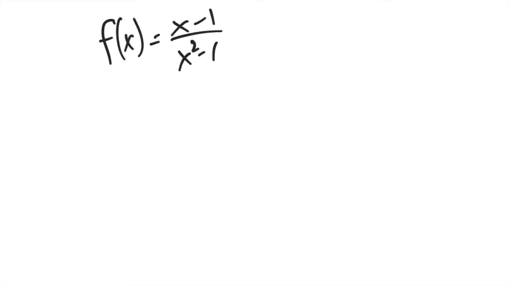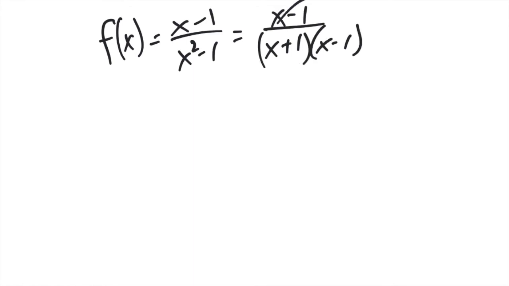Okay, so we have f of x equals x minus 1 over x squared minus 1. We can go ahead and factor the bottom. We get x minus 1 over x plus 1 times x minus 1, and you have an x minus 1 that cancels on top and on bottom. You probably remember from a past class that when something cancels on top and bottom, that means you have a hole there.